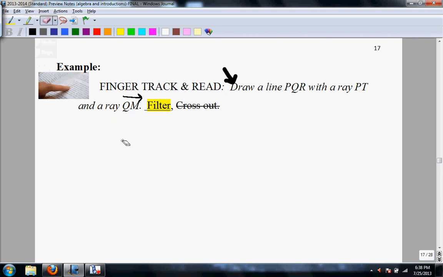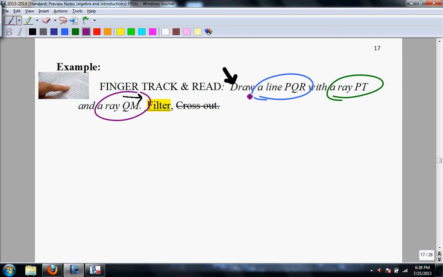Now, we're going to filter, which means we're going to break this down piece by piece. We have here a line PQR, we have ray PT, and another ray QM. As we account for these, you cross things out. That's called filtering.